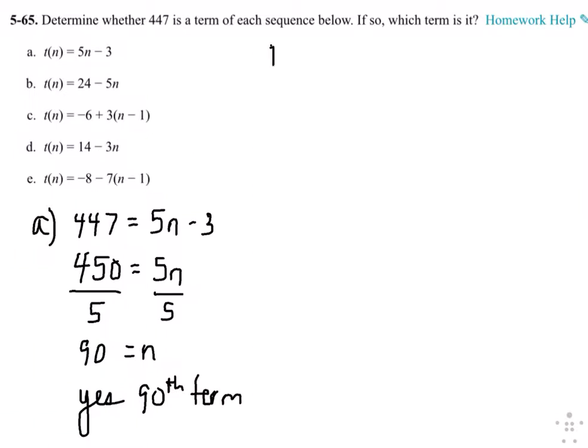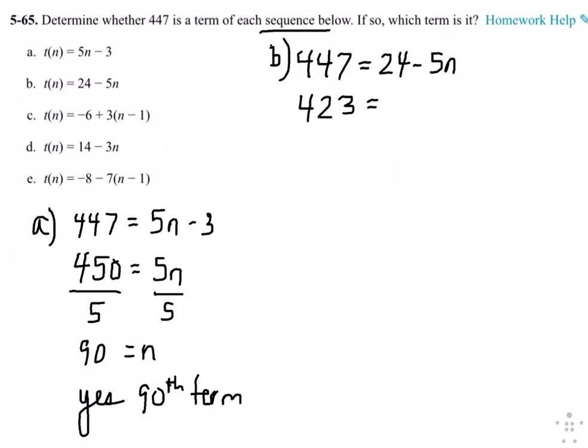Okay, let's try B. Would 447 work for B? So 447 equals 24 minus 5n. So again, since they're sequences, n is limited to integers greater than or equal to 1. So we subtract 24 from both sides, and I get 423 equals negative 5n.